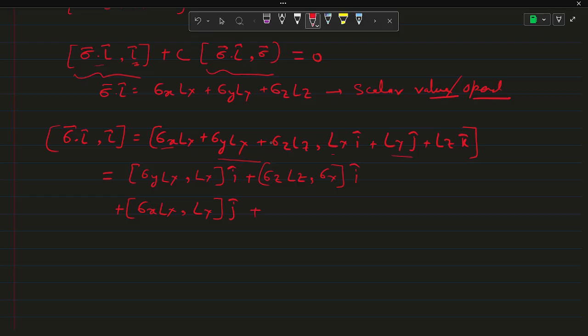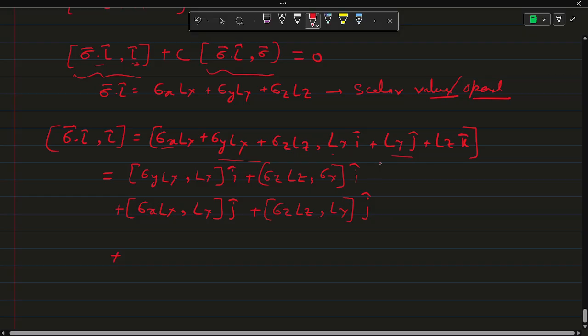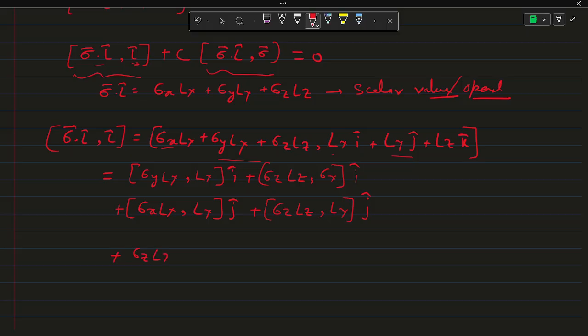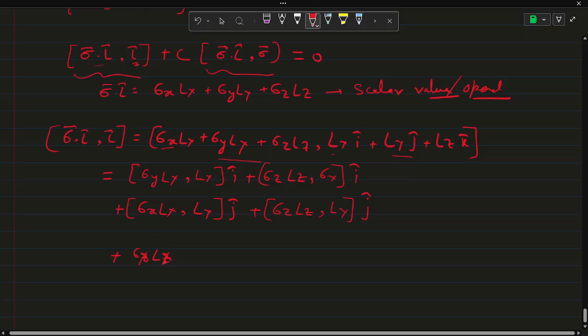The commutation of sigma y Ly with Ly is 0. So we will directly go to the third part, sigma z Lz Ly j cap plus, now we will go to sigma x Lx with Lz.